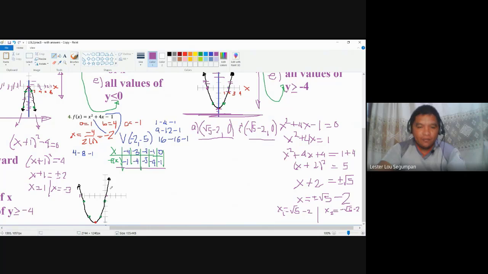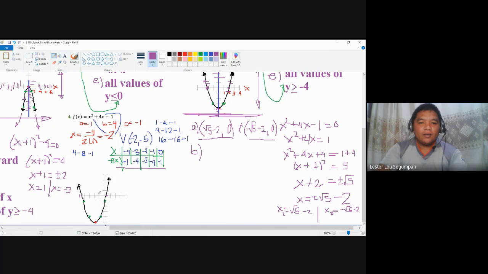We expect that the values for this here and here, if my graph is accurate, are actually points having the coordinates square root of 5 minus 2 and 0, and negative square root of 5 minus 2 and 0. So if you cannot determine the probably integral or fractional value for the x coordinate of the intercepts, you still need to get the roots and then pair it with 0.